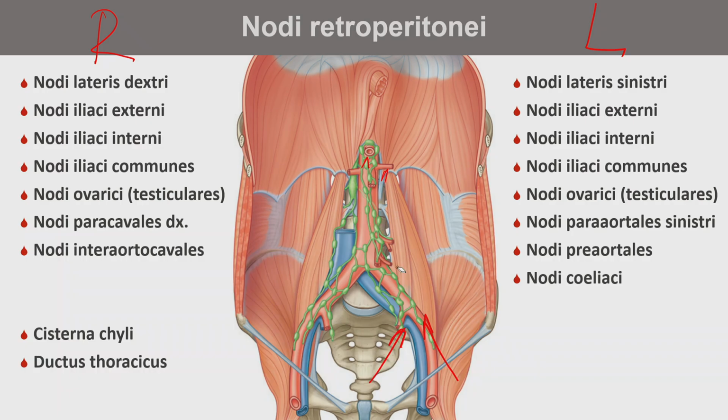From the right side, it is more complicated because we have one line along the right margin of cava. Then the second one is in the middle between cava and aorta. And the third one is then able to pass to the left side.